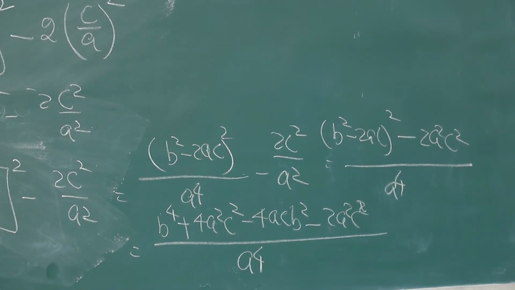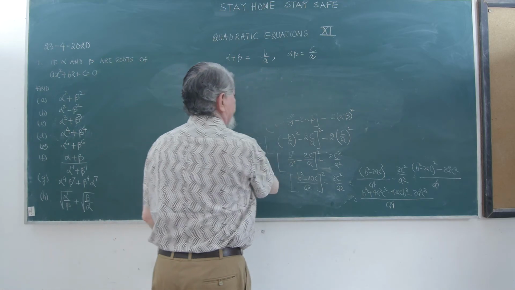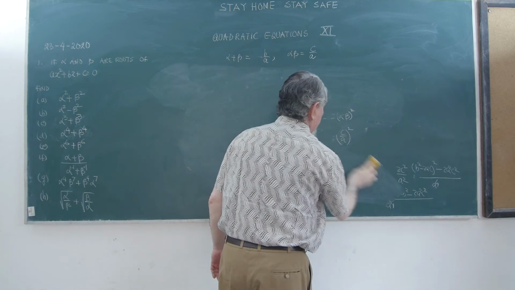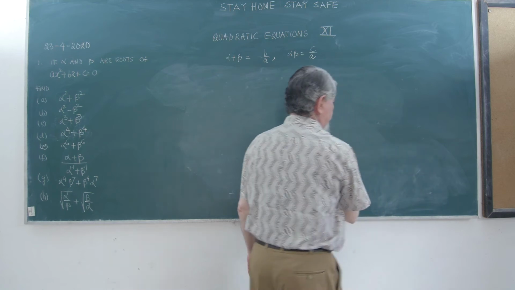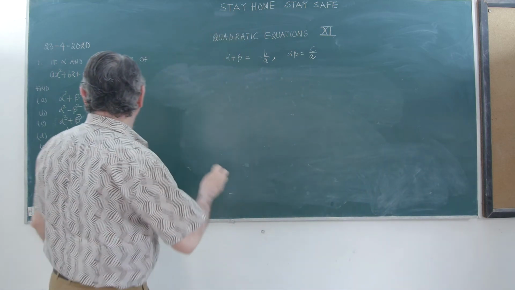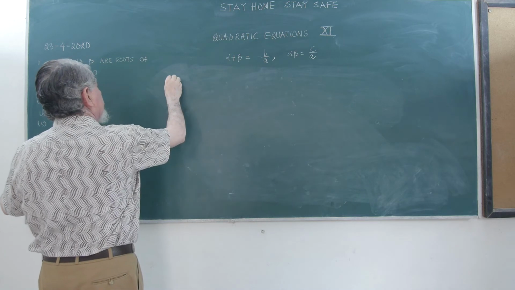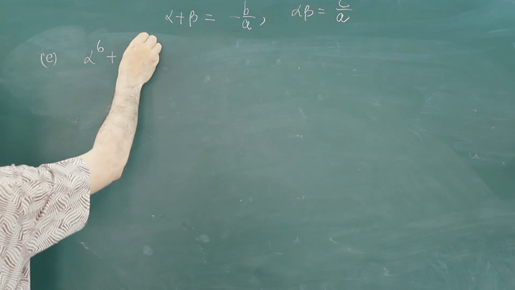Now the next part is alpha 6 plus beta 6. E part is alpha 6 plus beta 6.